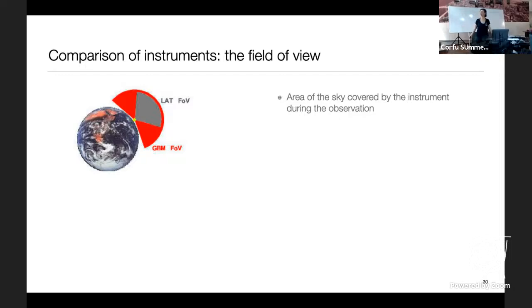The field of view of satellite experiments, especially the ones designed for gamma ray burst search, is huge. Instead, the field of view of ground-based Cherenkov experiments is a few degrees, okay? So they really need to know where to point. They cannot just look around and search for a gamma ray burst. They need to have an external alert, and they need to repoint as fast as possible.